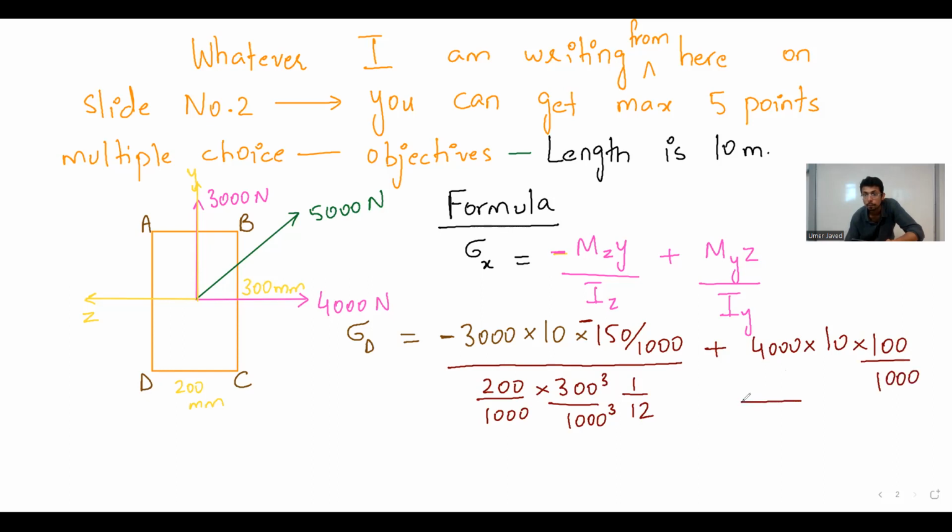Divided by, what is the moment of inertia about the Y axis? It is 300 multiplied by BH cube. Why don't all of you double check, because I can make a mistake. BH cube by 12. Did I make a mistake? Oh yeah, I did. Correct?